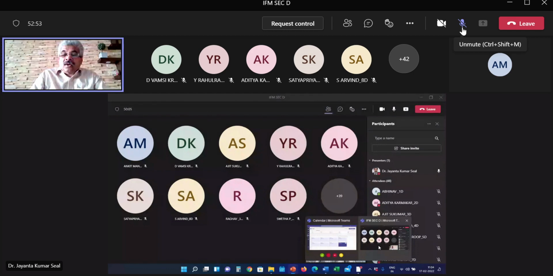Aditya Karmakar, 2D. Yes, sir, it is clear. So Aditya, after a long time, I called somebody's name and he is there. No, that's not with section D only, other sections also. Ajit Shukumar, 3D.